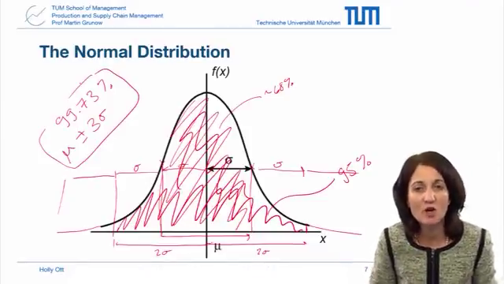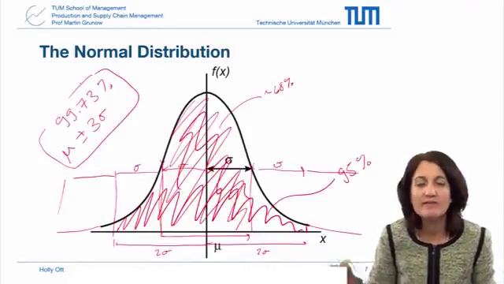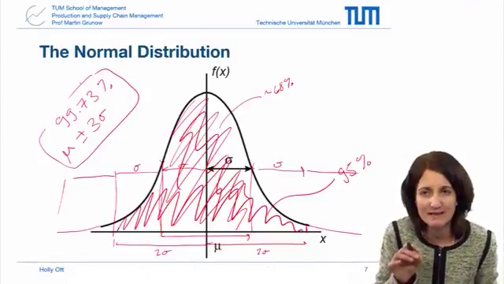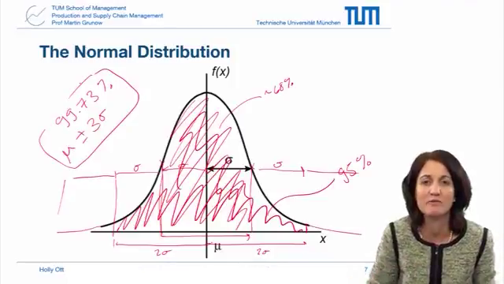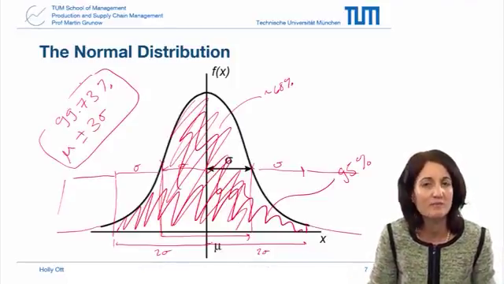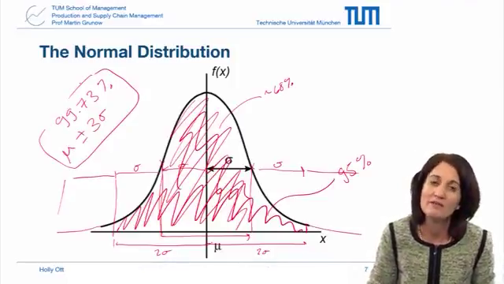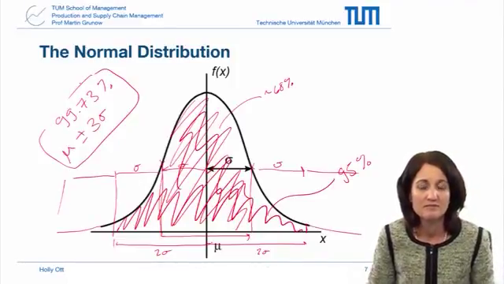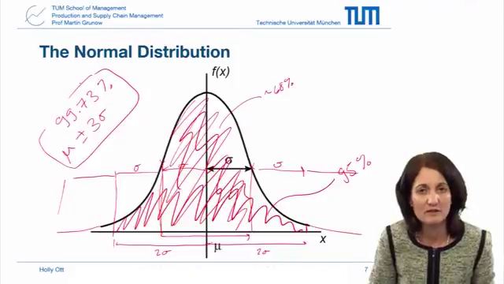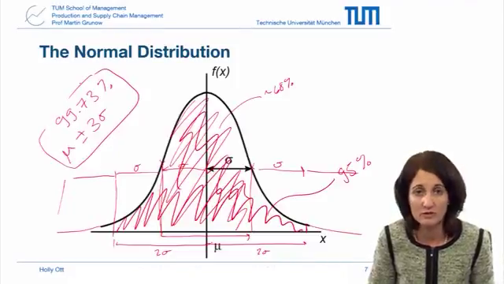This means that almost all your tabletop widths, even though they can never be perfectly exact, never have exactly the same tabletop width, 99.73% of them will have widths within 3 standard deviations of your mean width. These are the interesting properties of the normal distribution.